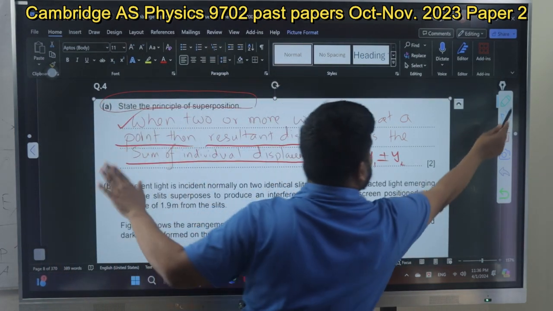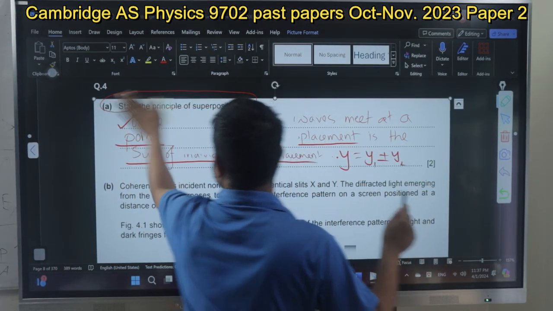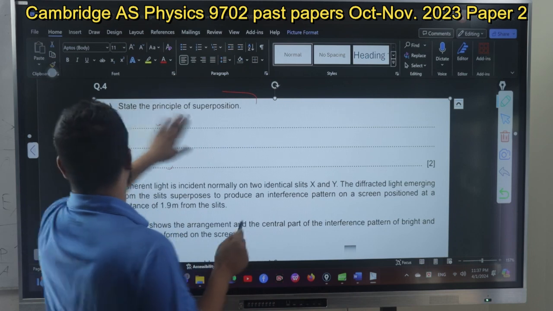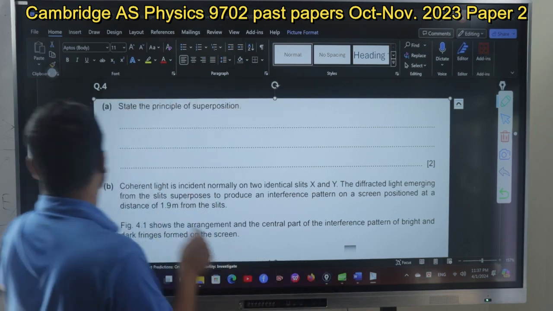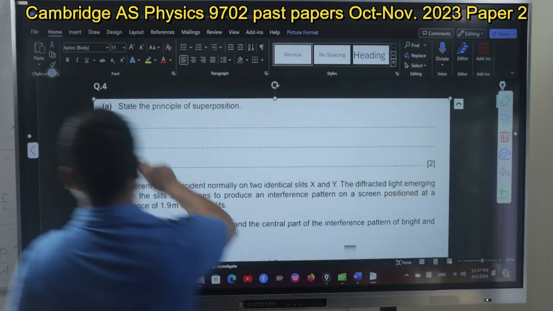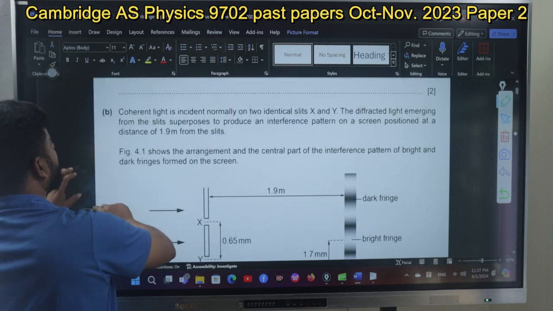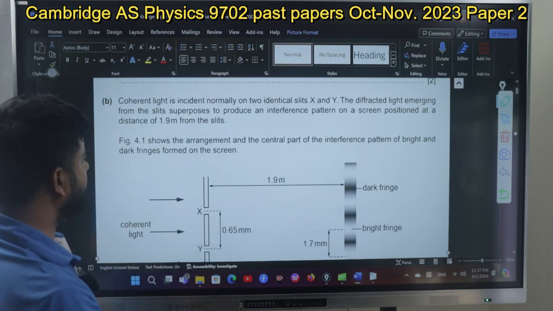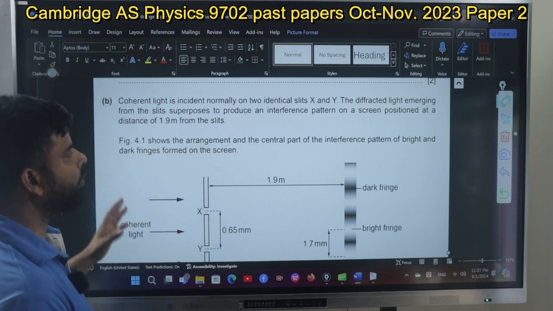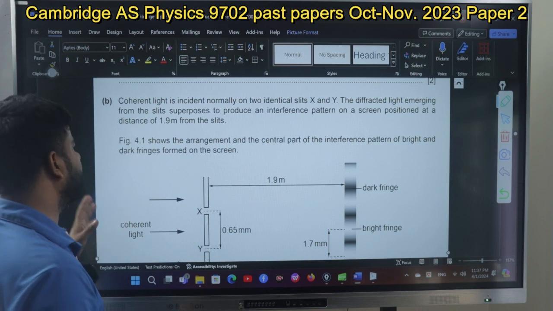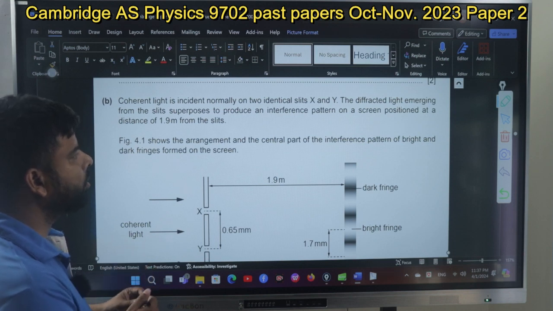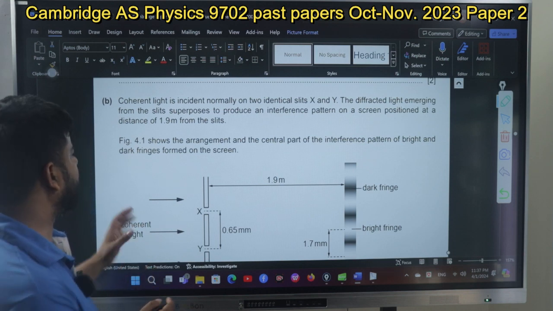Now, next question. Coherent light is incident normally on two identical slits X and Y. The diffracted light emerging from the slits superposes to produce an interference pattern on a screen at a distance of 1.9 meters from the slits.